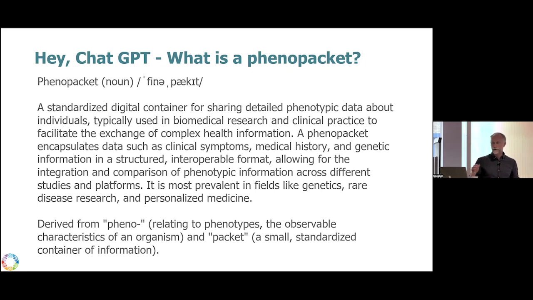So we're looking really for exchanging health information about clinical symptoms and medical history, and specifically with genetic information tied in with all of this. As I said, it's quite in there for genetics, rare disease research, and personalized medicine.